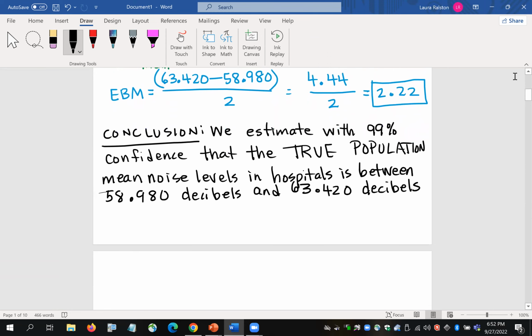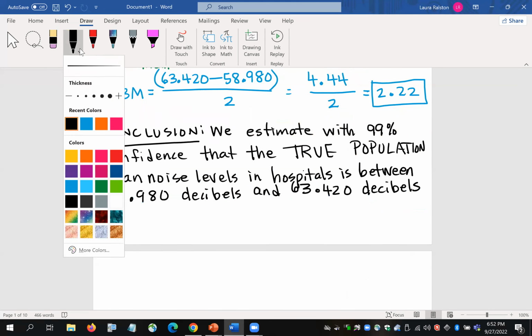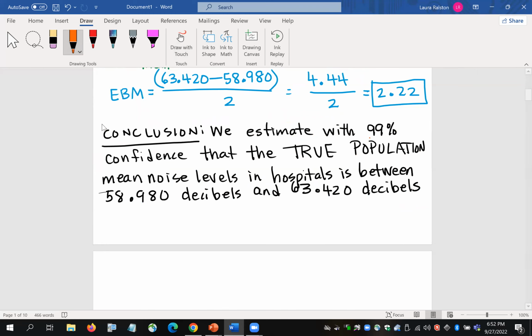Okay, so as I wrote the conclusion, I filled in the blanks. I filled in my percentage. I filled in what my variable was. It's the true population mean of the variable. My variable in this example was noise levels in hospitals.